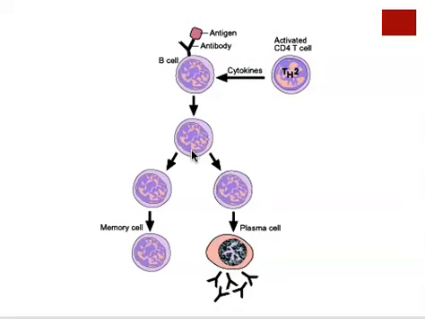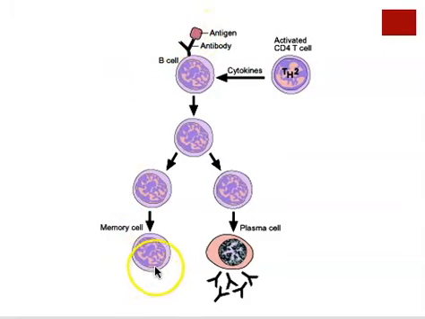It will then divide to produce two different types of cells. One is the memory cell, and one is the plasma cell. The plasma cell will then go on to produce antibodies, and that's what these are. The memory cell holds on to the memory of this antigen.